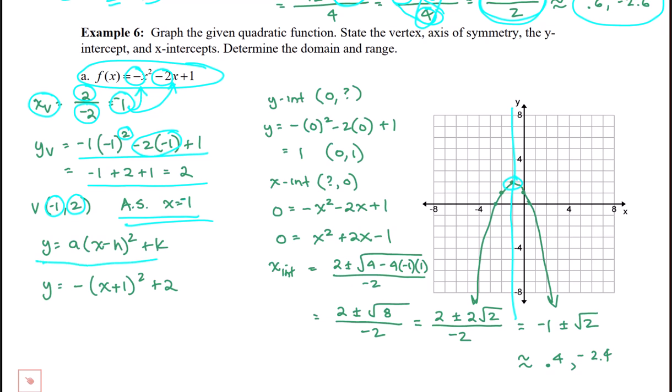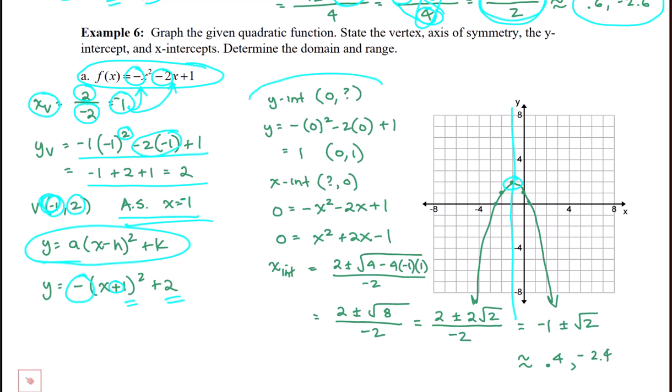And then now we basically have our vertex form. The a value is -1 from the original, and we just found the h and the k. Again, as a reminder, the formula has subtraction. If I subtract a negative, I'm going to get an addition.